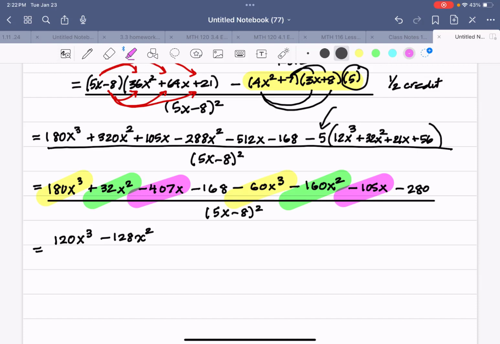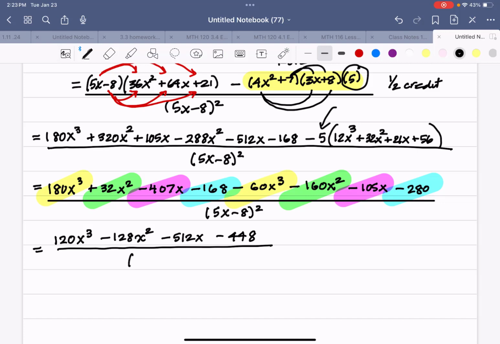So negative 407 minus 105 is a minus 512x. And then lastly, I have a minus 168 and a minus 280. So minus 168 minus 280 is minus 448. And all of that is over, finally, my final answer, 5x minus 8, quantity squared.